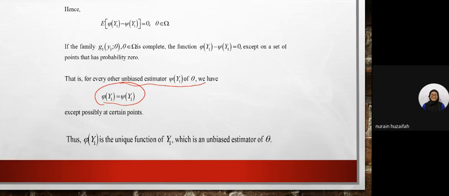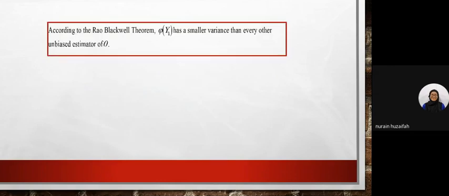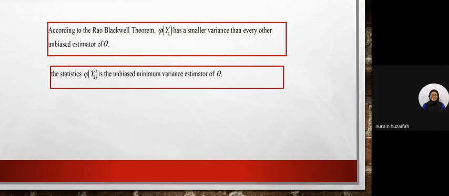So if you want to find a unique function, first we find the sufficient statistic, and then we need to show that it is an unbiased estimator of theta. Next, if phi(Y1) has a smaller variance, then this statistic is the unbiased minimum variance estimator of theta.